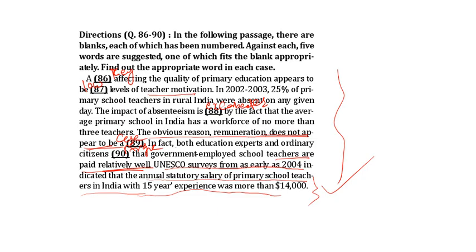In fact, both education experts and ordinary citizens argue that government employed school teachers are paid relatively well. UNESCO surveys from as early as 2004 indicated that the annual statutory salary of a primary school teacher in India with 15 years of experience was more than $14,000.